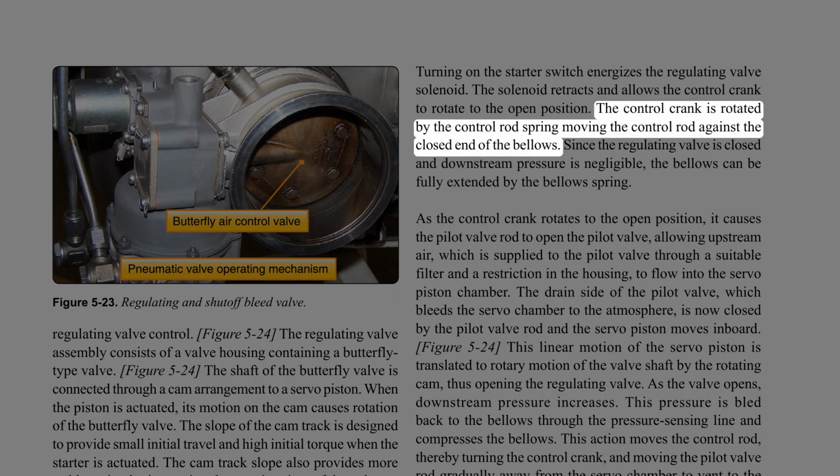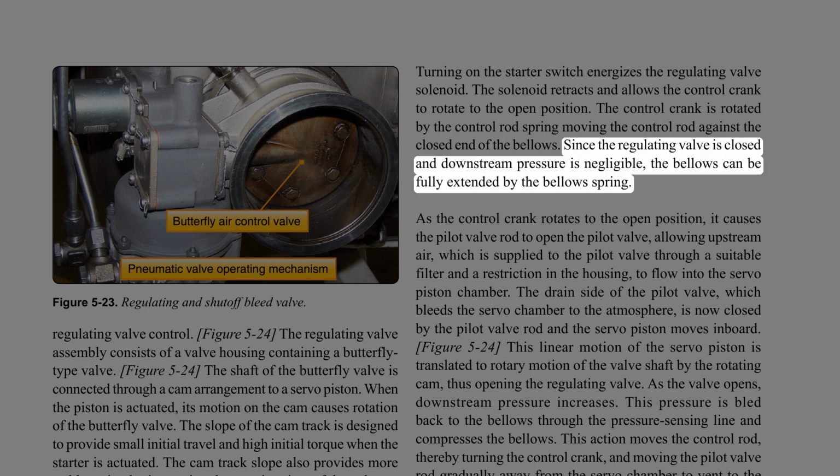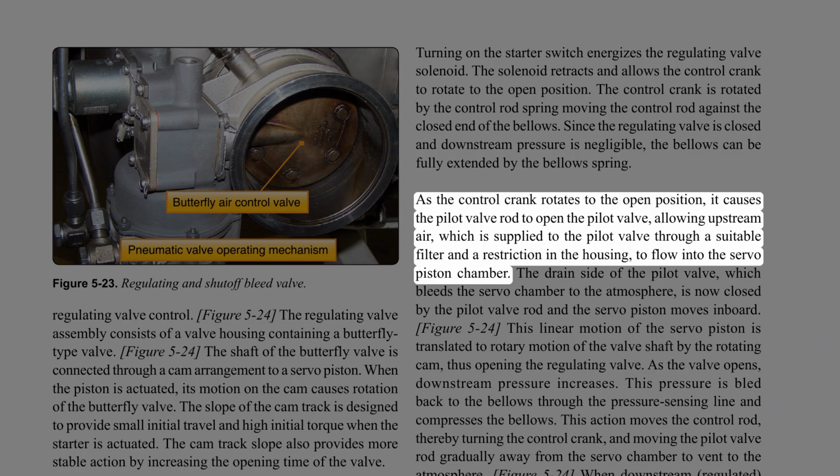The control crank is rotated by the control rod spring moving the control rod against the closed end of the bellows. Since the regulating valve is closed and downstream pressure is negligible, the bellows can be fully extended by the bellows spring. As the control crank rotates to the open position, it causes the pilot valve rod to open the pilot valve, allowing upstream air, which is supplied to the pilot valve through a suitable filter and a restriction in the housing, to flow into the servo piston chamber.